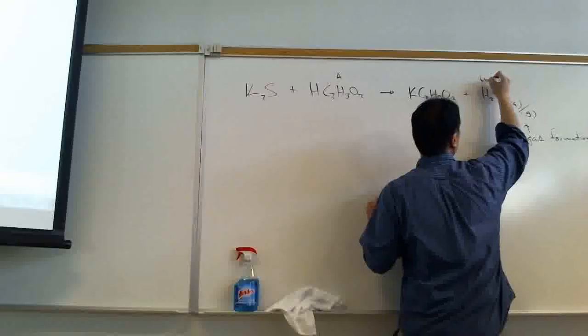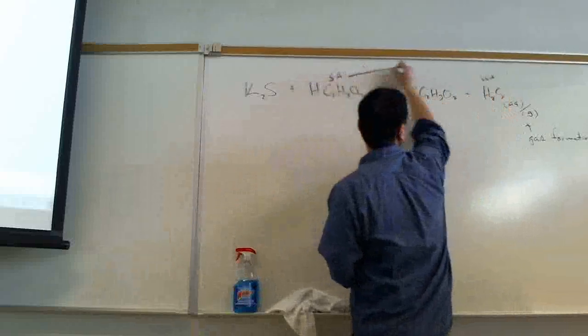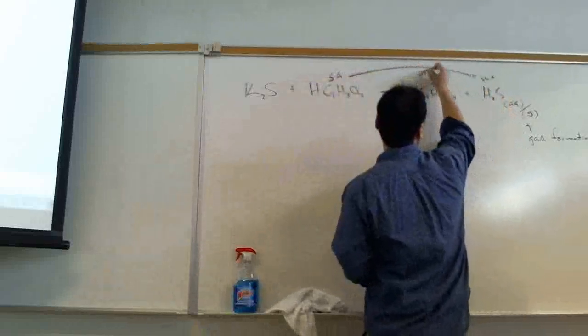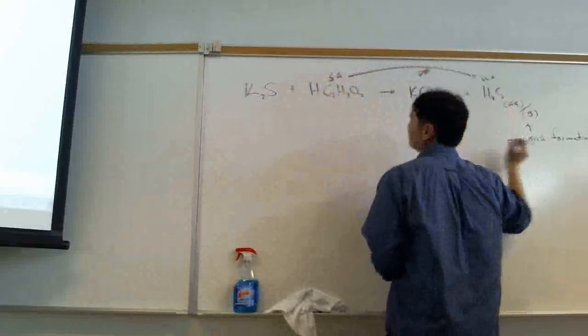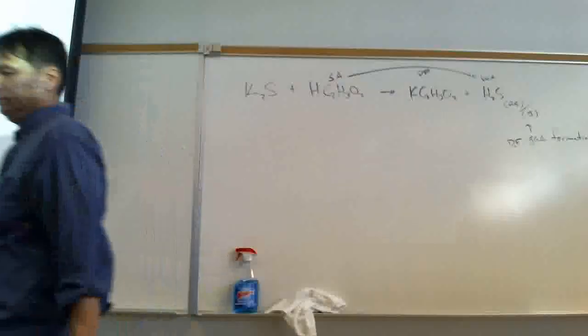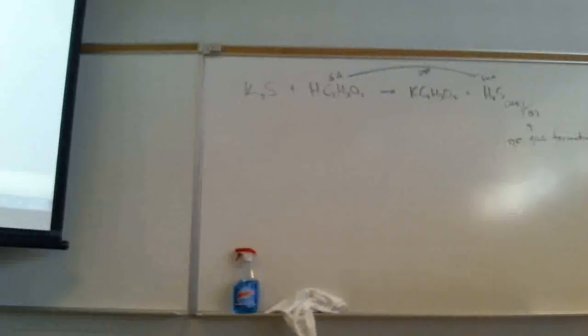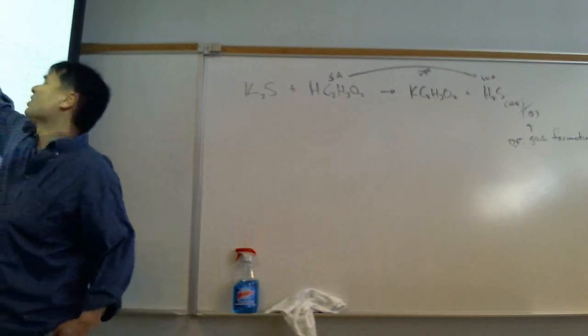This is a weaker acid. So stronger acid to weaker acid, and this is a driving force. For our acids chart, again, you'll get familiar with this on Piazza. I posted these, so this is up here.